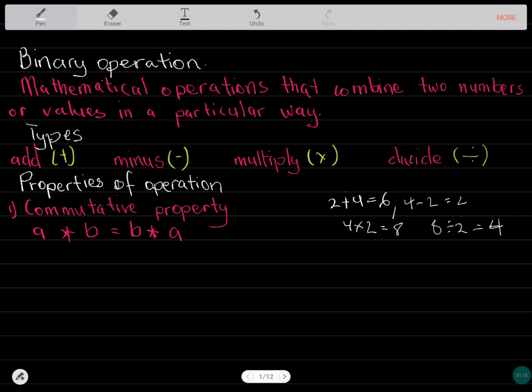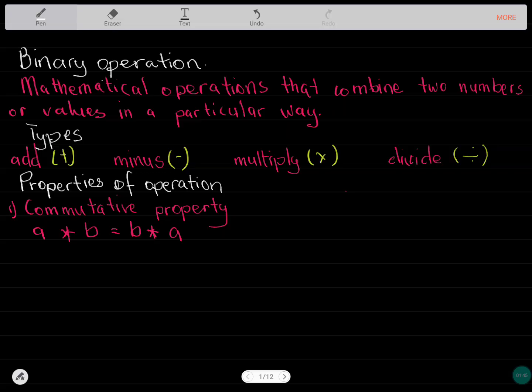But these signs have some properties, and that is what we are going to study today, which we know as properties of operation. The first one we will be looking at is the commutative property. When we say commutative property, we are referring to the property or the nature of a binary operation whereby the values can be interchanged and still give us the same answer.